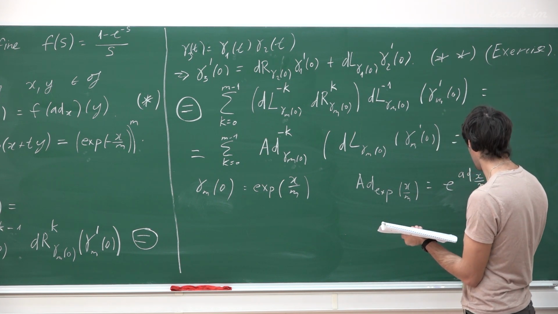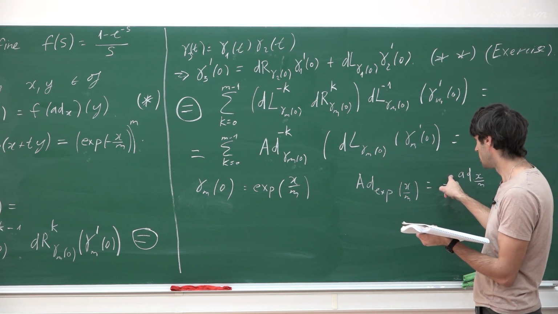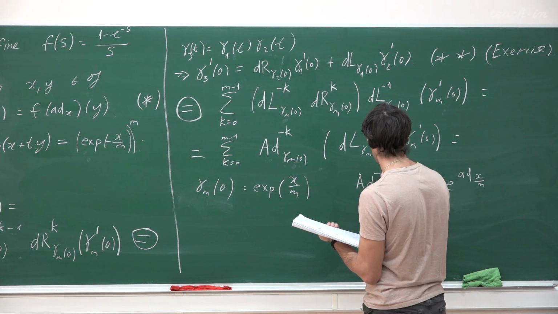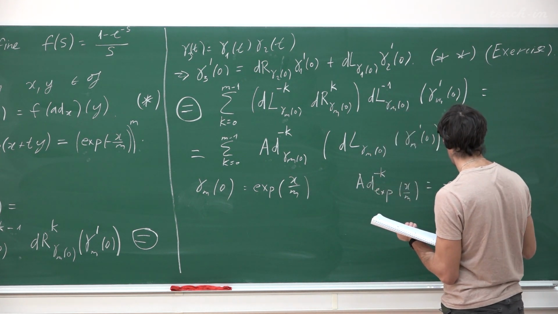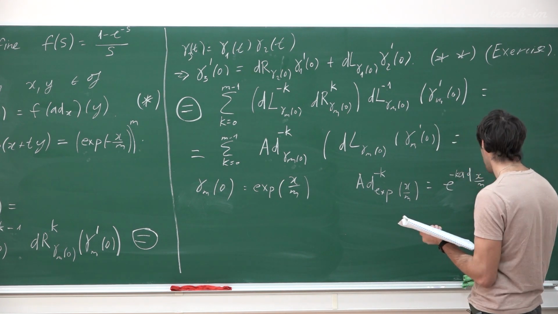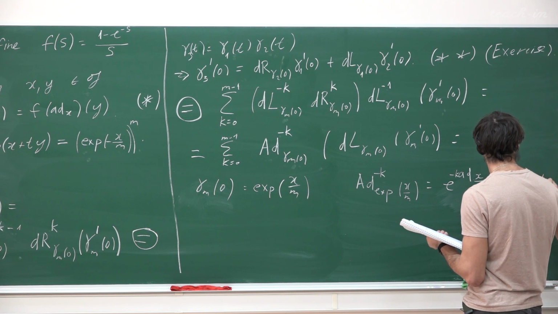Well, this m is just a number, I can move it to here. And if I put negative k here, so this is just a side computation, I have negative k here. So this is e to the negative k over m ad x.